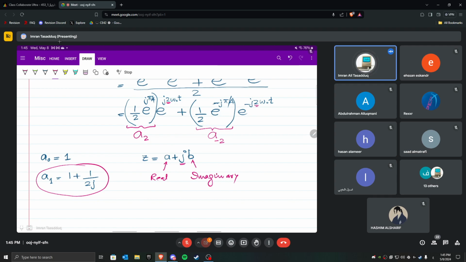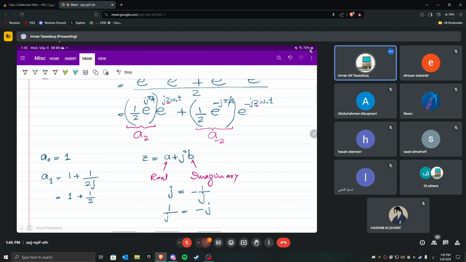So what we're going to do is we'll say that this guy is equal to 1 plus 1 by 2, and when we take j up, it's not j to the power minus 1. The rule is that j is the same as minus 1 by j, or 1 over j is the same as minus j, right?